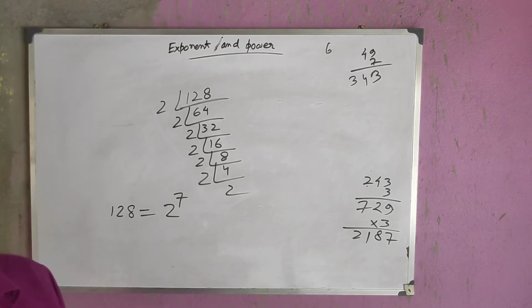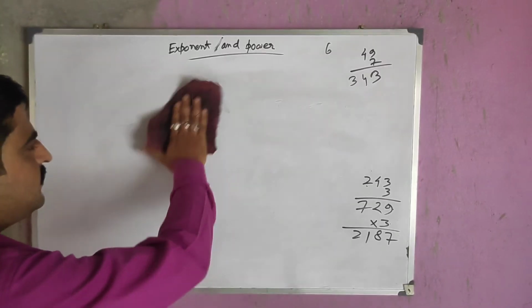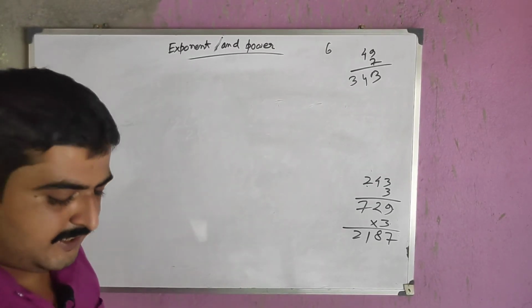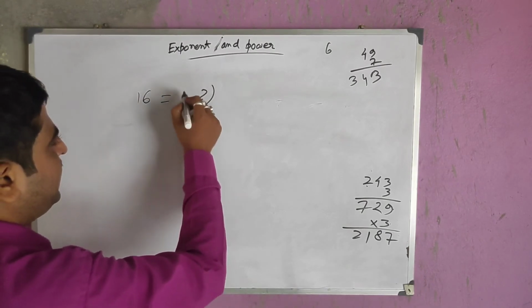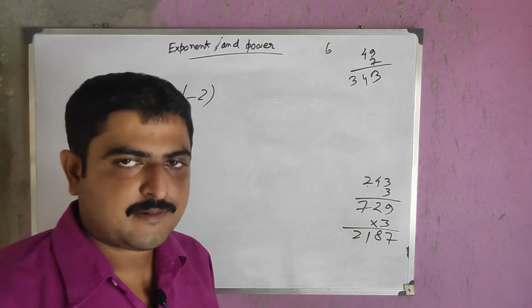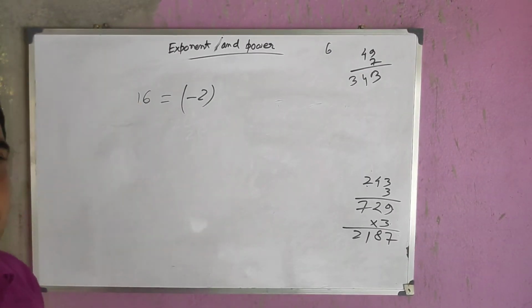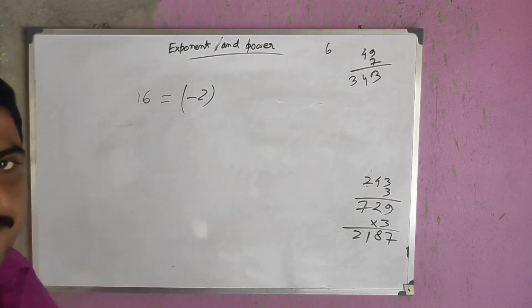So now, to what power should minus 2 be raised to get 16? So we have to represent 16 as minus 2 to the power something. Now 16 is a positive number and here the base, this 2, is a negative number.